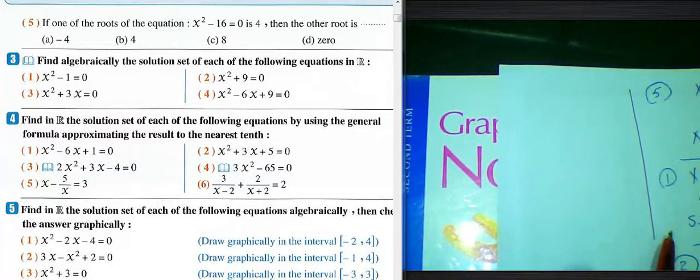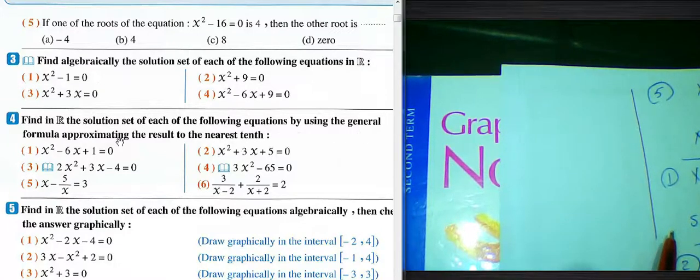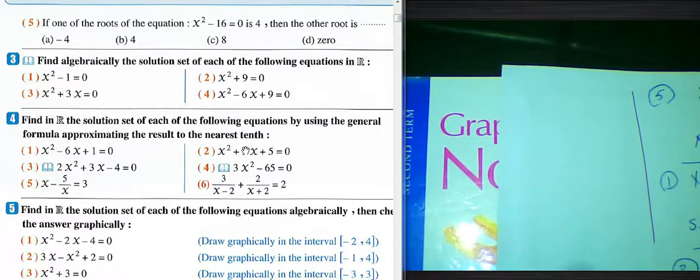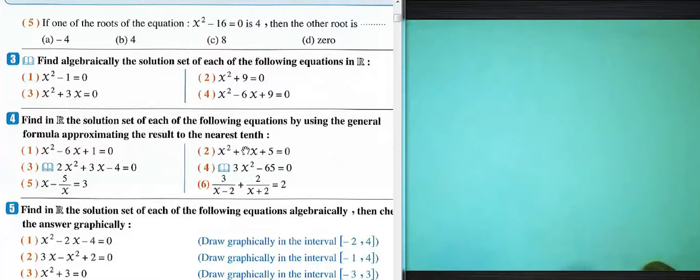Question 4. Find in R the solution set of the following equations by using the general formula, approximating the result to the nearest tenth. All this question is revision. Okay, it's very easy for you. You can use a calculator to approximate the result to the tenth.